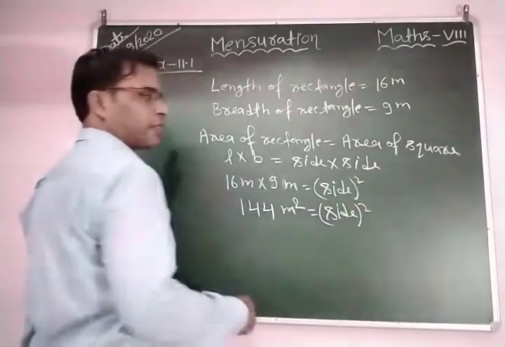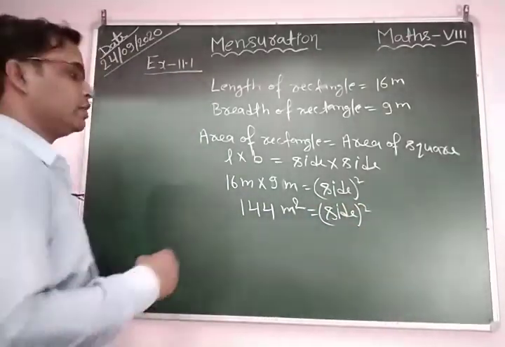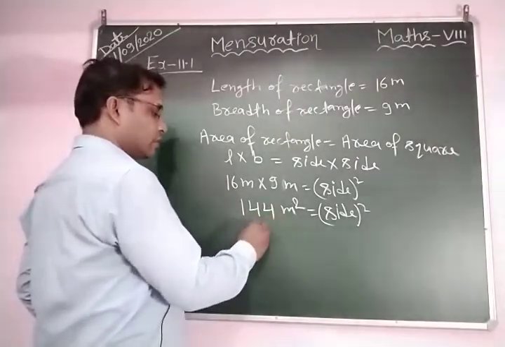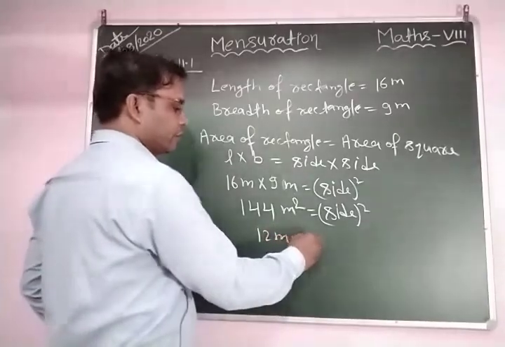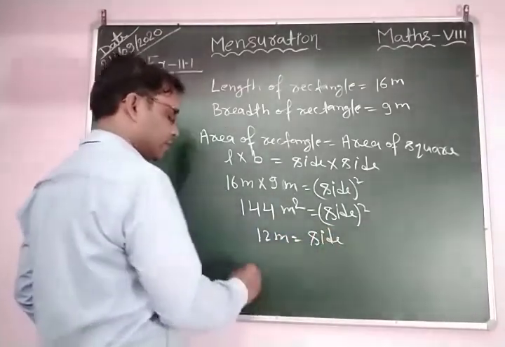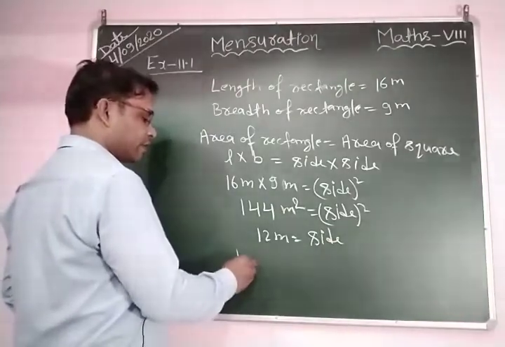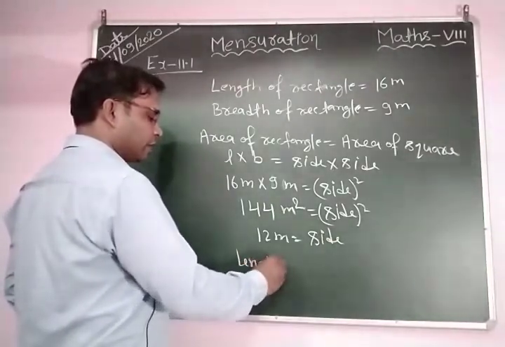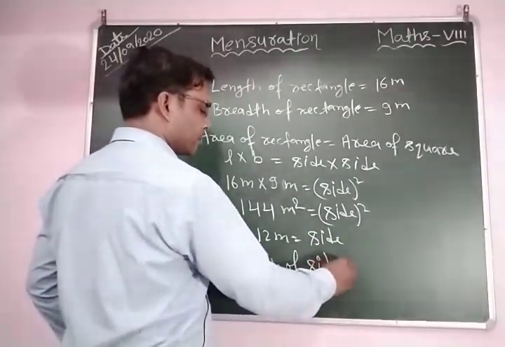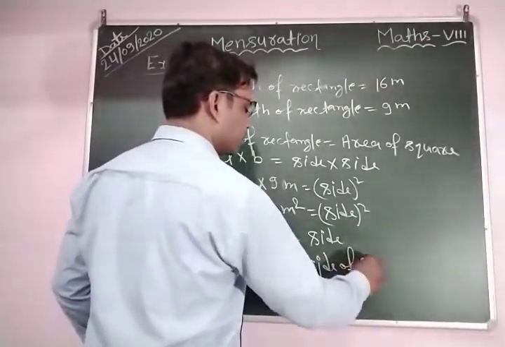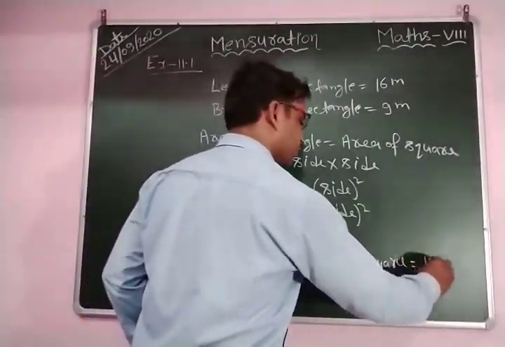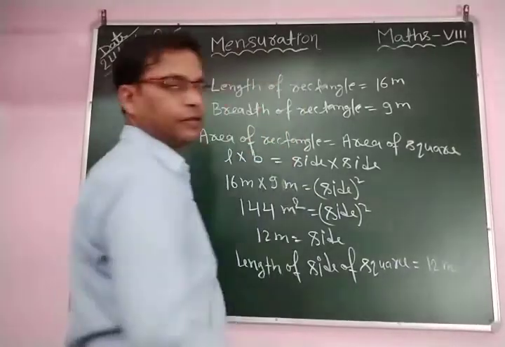If you take the square root on both sides, then you obtain 12 meter is equal to the side. This is the length of the side. Okay, so you can write here the length of side of square is equal to 12 meters.